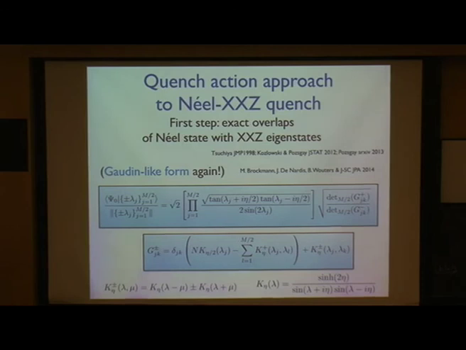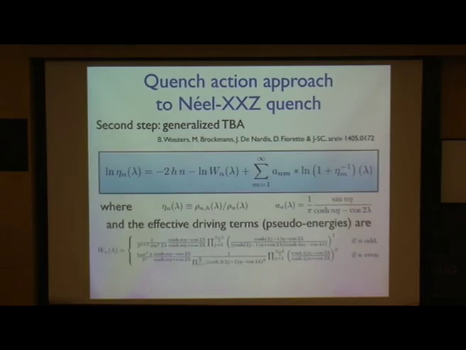But as far as the overlaps are concerned, based on earlier work by Tsuchiya and others, Kozlowski, Pozsgay, we came up with another form that is also a generalized Gaudin determinant, or Gaudin-like determinant. So once again, this is an exact many-body wave function overlap that allows you to compute the effective quench action and then do the generalized TBA to get what the steady state is.